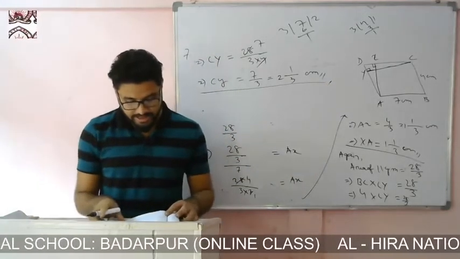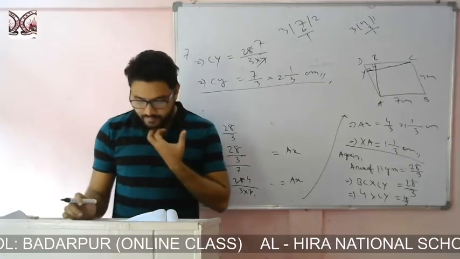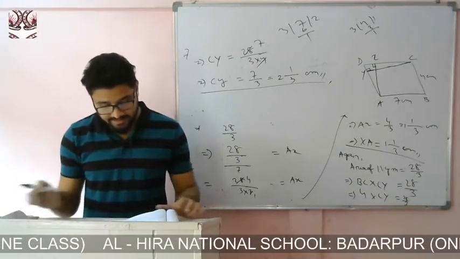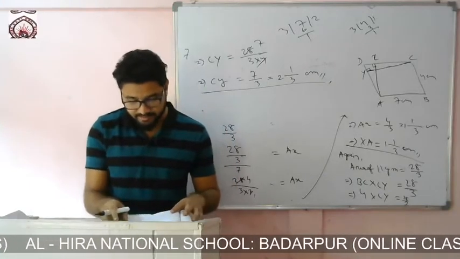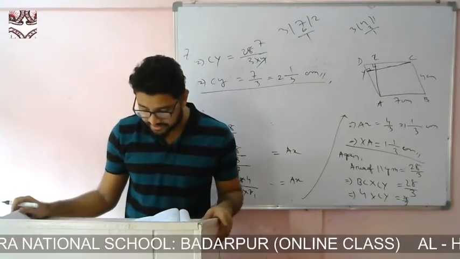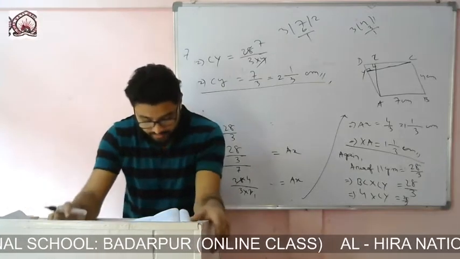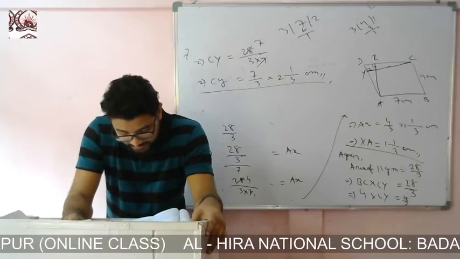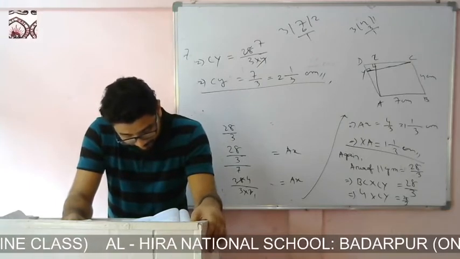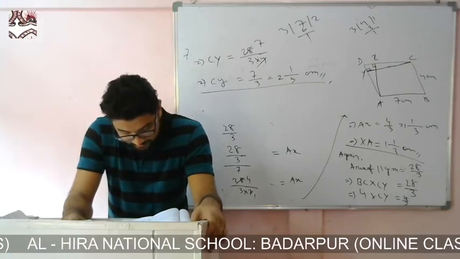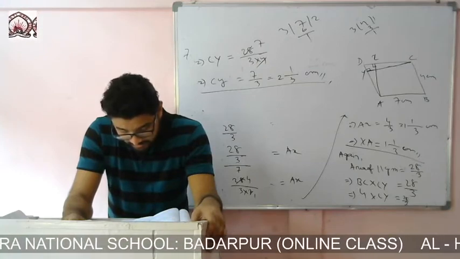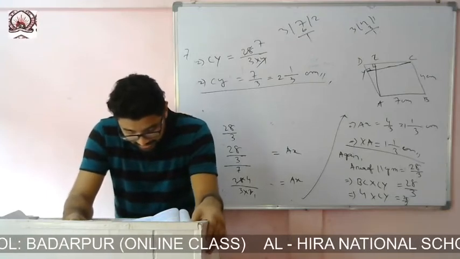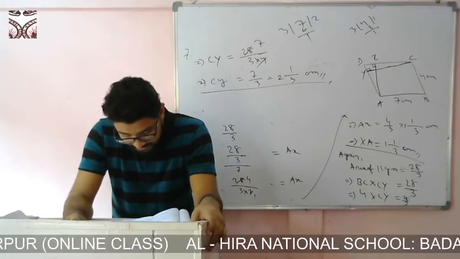Now come to question 8. In a parallelogram ABCD, if AD equals 10 centimeter, CF equals 8 centimeter, BG equals 12 centimeter, find AB. You see AD is given, that means the base is given, 10 centimeter. CF is the height, 8 centimeter.